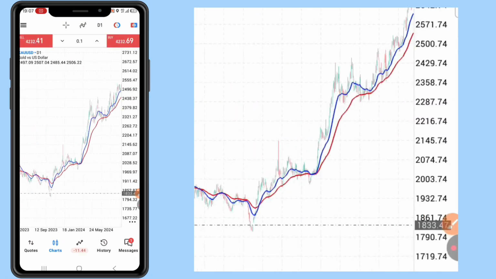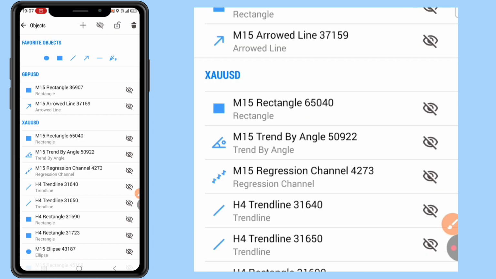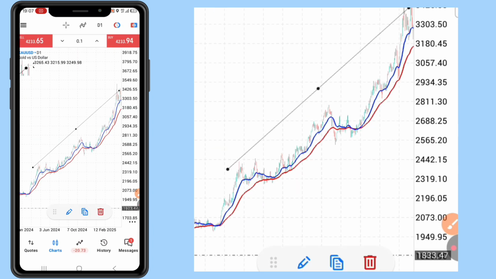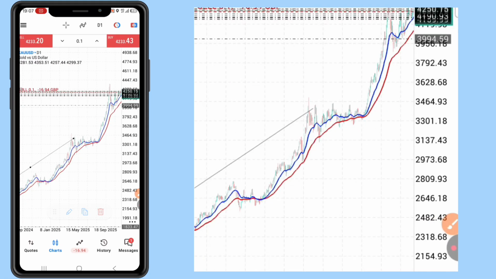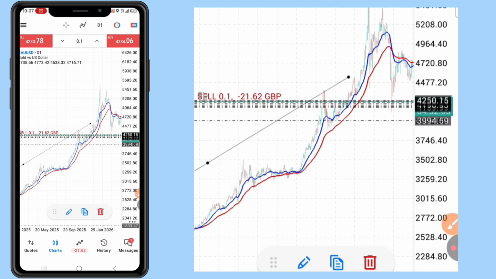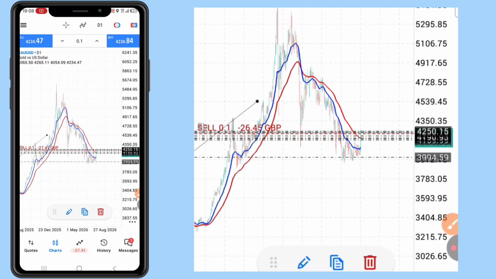Based on this, this was the higher high right here. As you can see, that was a higher high, and it goes further if I drag this up right here. So these are the higher highs, and in that case, the market is possibly going to go up, like you can see it moving already.